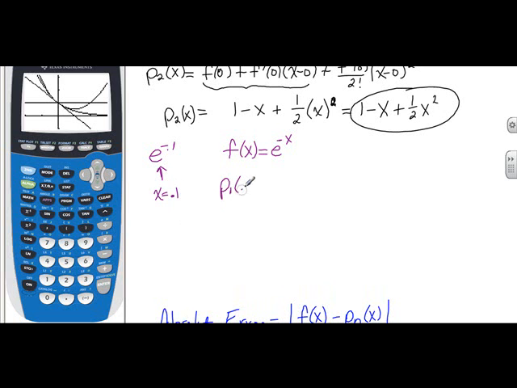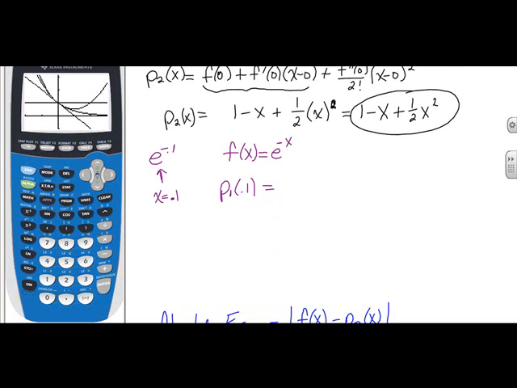Our equation was 1 minus x, so we'll have 1 minus 0.1. So the approximation would be 9/10. Using the second degree Taylor polynomial, P2 of 0.1, we'll have 1 minus 1/10 plus 1/2 times 0.1 squared.